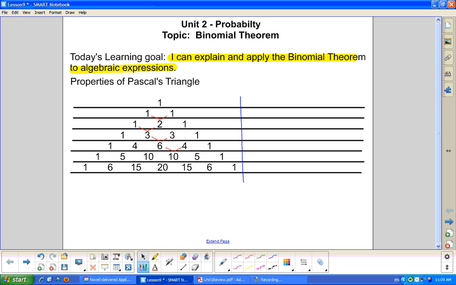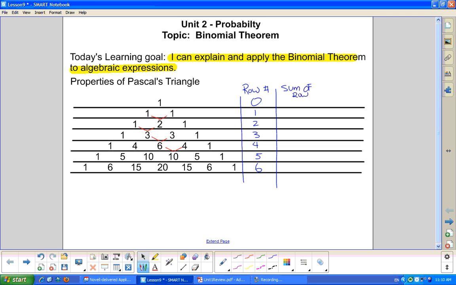I'm just going to come over here. The first thing I'm going to put up here is our row number. Remember, Pascal's triangle starts with row 0, and then 1, 2, 3, 4, 5, and 6. The next column is the sum of the row, which is just adding up the values in that row.